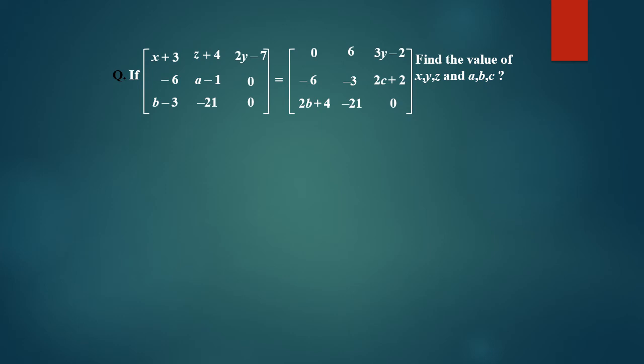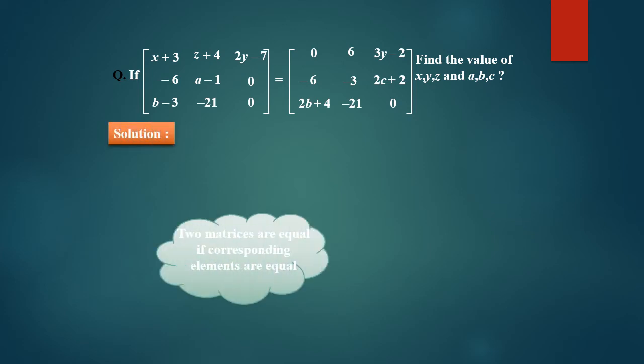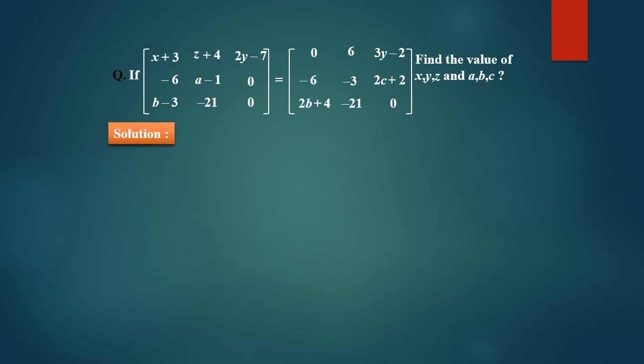So in the question they have already given that the two matrices are equal. So we just go on equating the corresponding elements and try to calculate the values of the unknown variables. Two matrices are equal if their corresponding elements are equal.